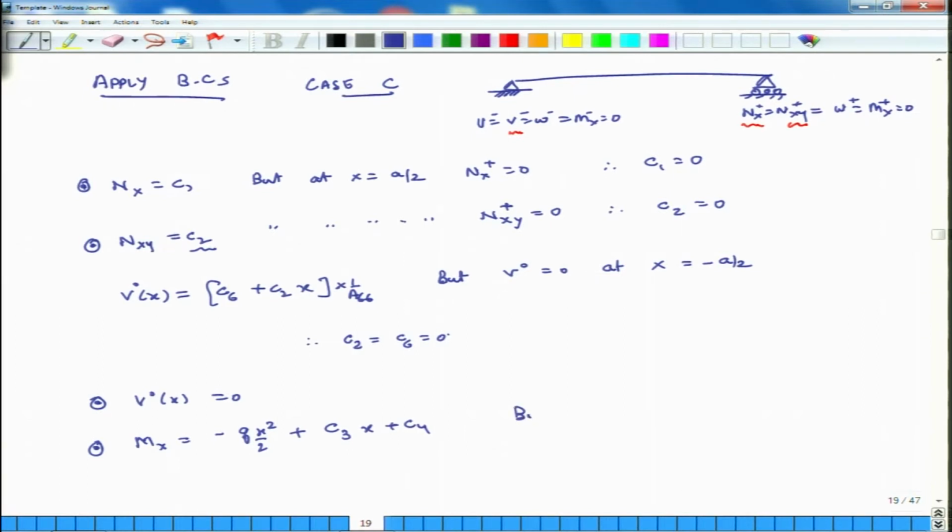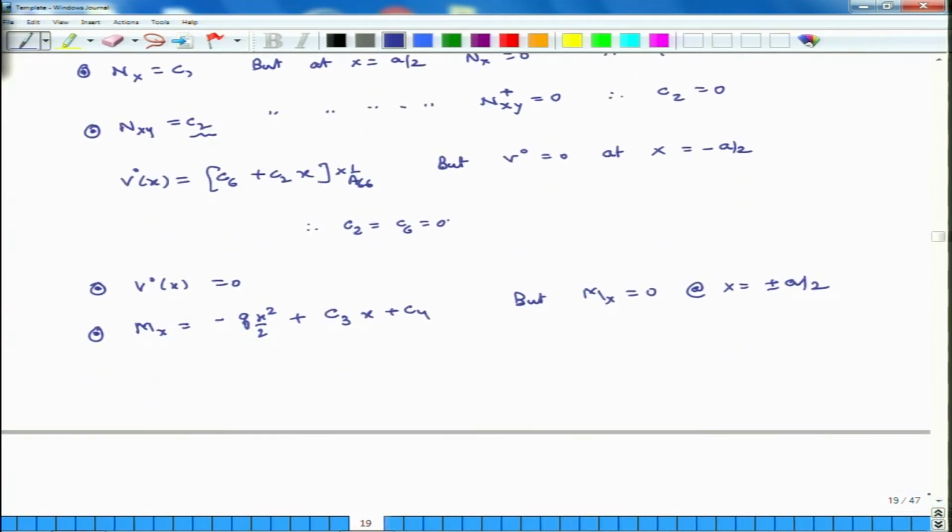But we know that Mx is equal to 0 at x is equal to plus minus a over 2. So, we apply both these boundary conditions and we find that C3 is equal to 0 and C4 is equal to Qa square over 8.